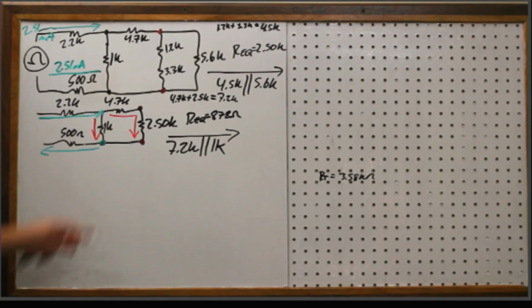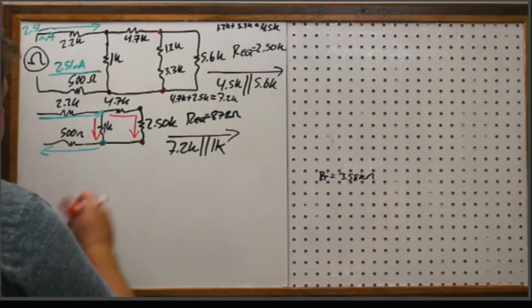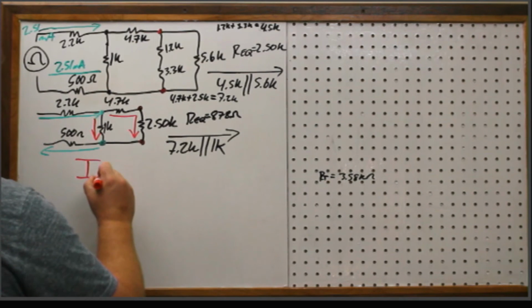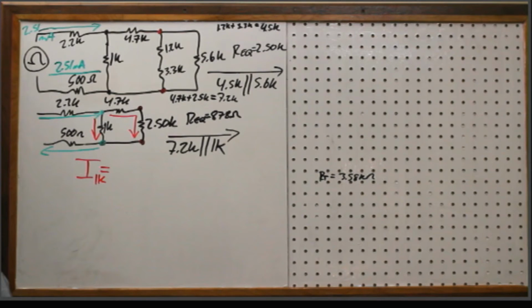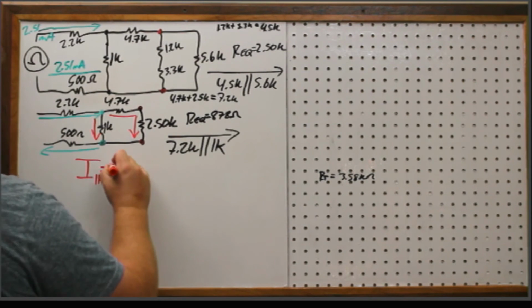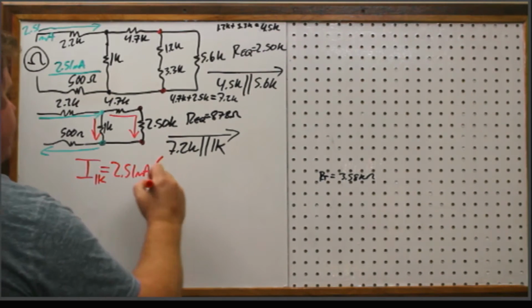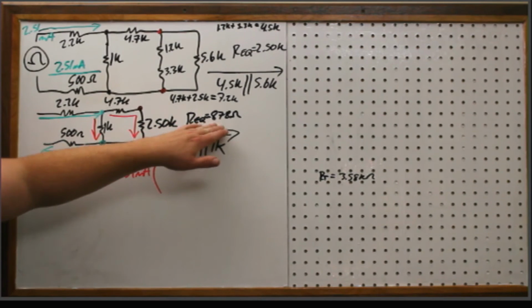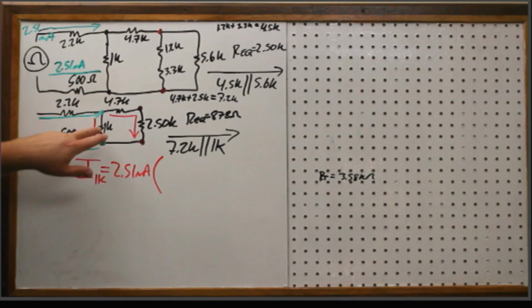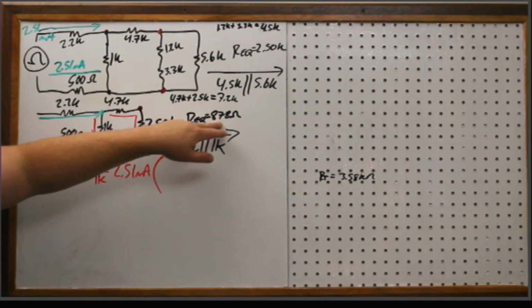Okay, so I'm going to use current division to find out what these two are. So the first one, I1, will be this 1K, so I sub 1K. So we know there's 2.51 that comes into the node, right? Times, this is why we kept this calculation over here, because these two branches over here are in parallel, and their parallel combination is 878 ohms.